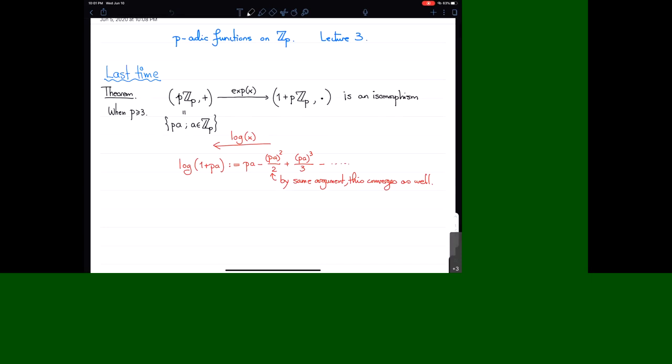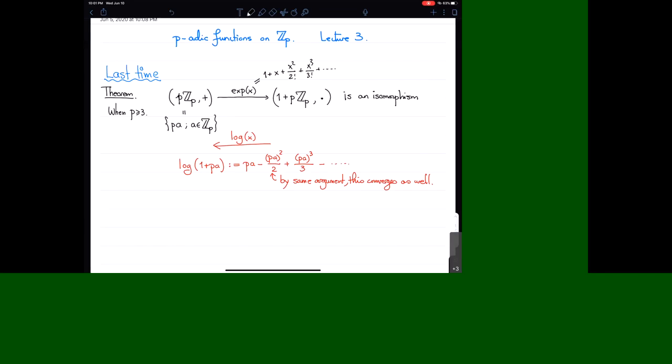Last time we ended with this theorem, where we talk about the p-adic exponential function, where exp of x is defined to be 1 plus x, just like the usual Taylor expansion, 1 plus x plus x squared over 2 factorial, and so on.